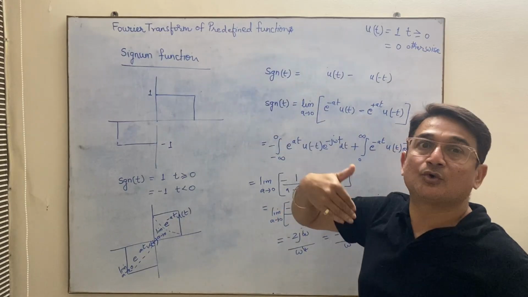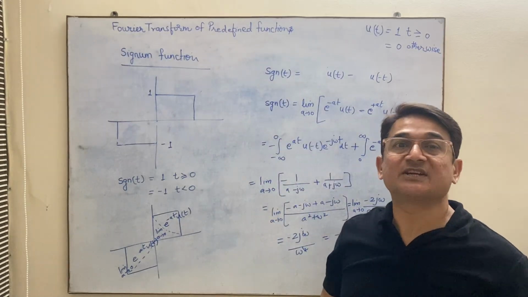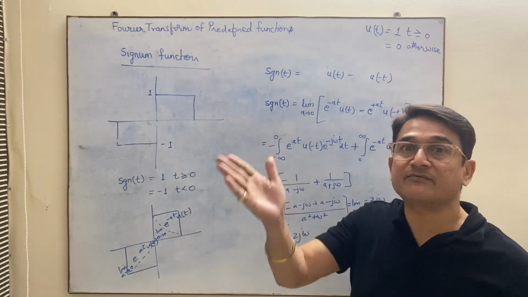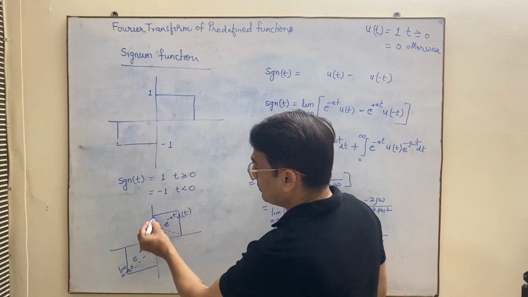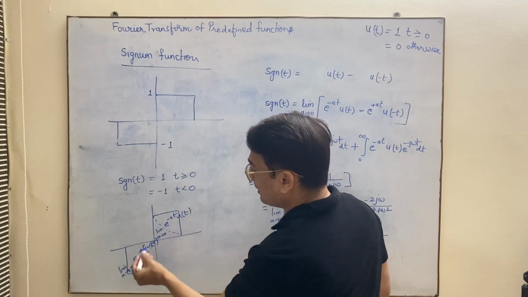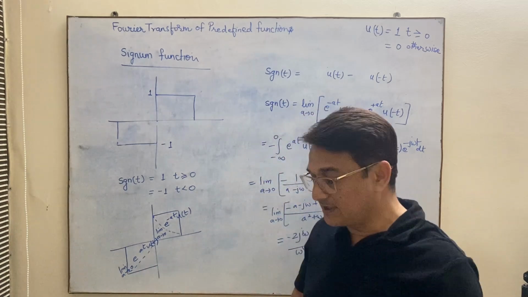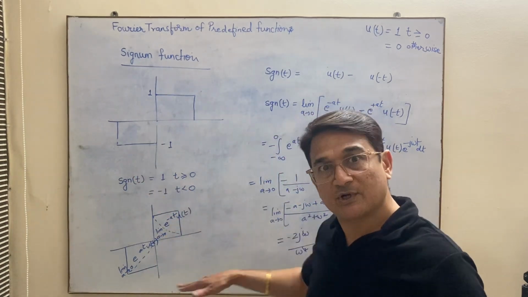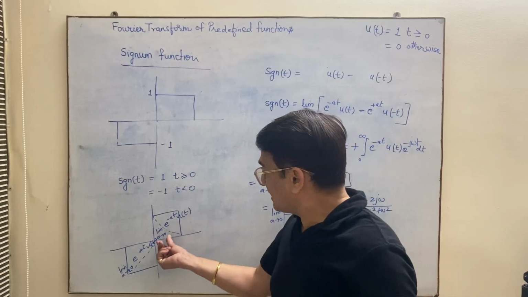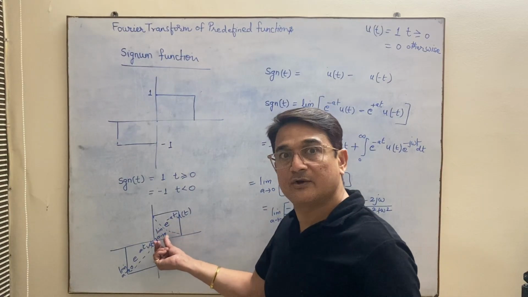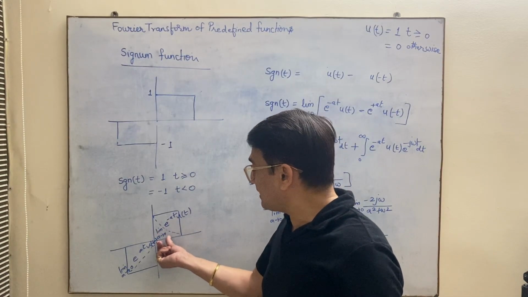To calculate the Fourier transform of the Signum function, we somewhat modify the Signum function in this manner. How? You can see these dotted lines. We have already calculated the Fourier transform of the exponential curve, which is e to the power minus at. What we can do is put the limit a tends to 0.